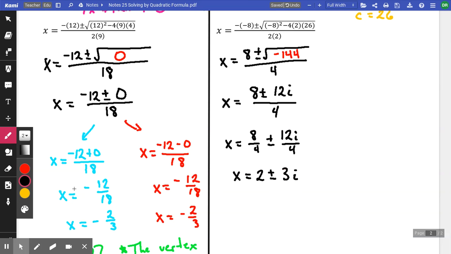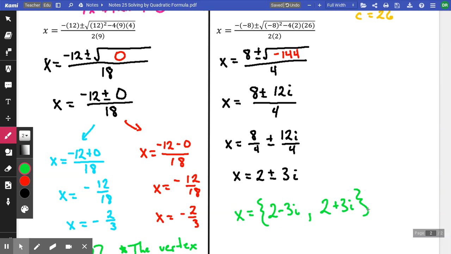And it's actually okay to leave our answer like this. We have two solutions. We have 2 plus 3i and 2 minus 3i. However, if you prefer to see your two answers separately, knowing that you're supposed to have two separate solutions, you may choose to write this as those two values, 2 minus 3i, which is an imaginary value, and 2 plus 3i, which does not simplify any further.